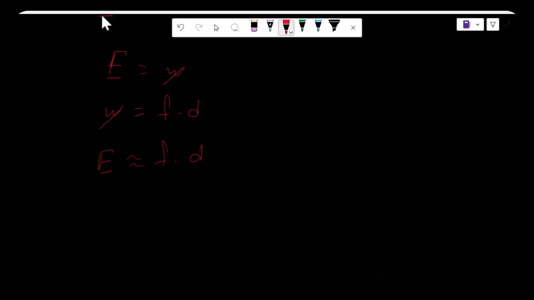We took the joule unit, 1 joule equals 1 Newton meter, where the Newton force would be plugged into F, and the meter would be plugged into the distance.